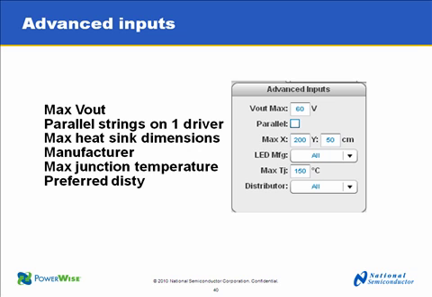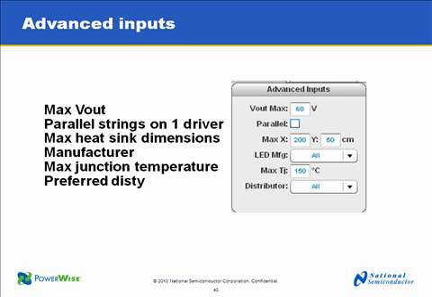There's a checkbox for parallel strings on one driver. As I discussed earlier, there are some issues if you go parallel strings with current sharing, and so by default in the tool we do not check that. But if you do check it, oftentimes you can get away with fewer drivers.